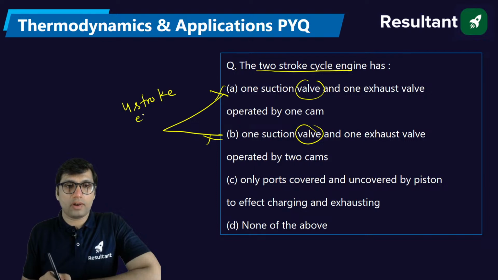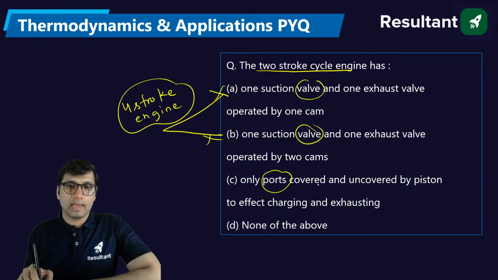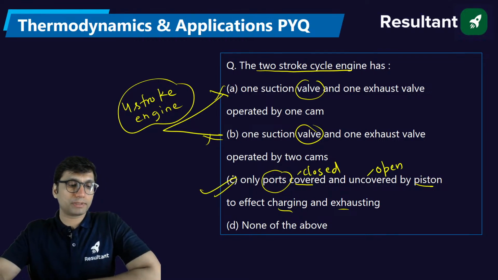So when we say valve, it is not related to the two-stroke engine, it is related to the four-stroke engine. Now in a two-stroke engine, what we have got are ports, and these ports are covered. Covered means closed. Uncovered means open. These ports are opened and closed by the piston during charging and exhausting. So the correct answer will be option C.